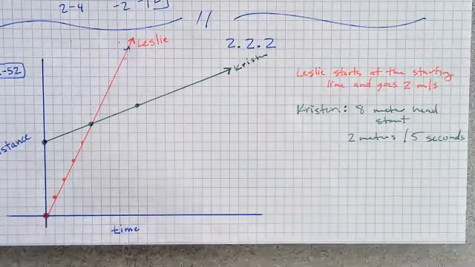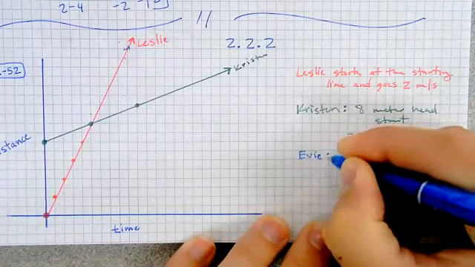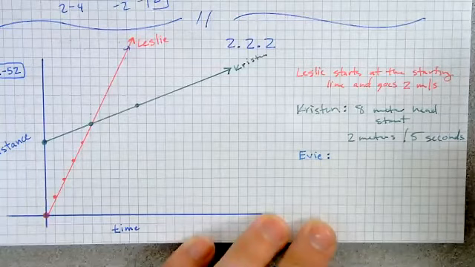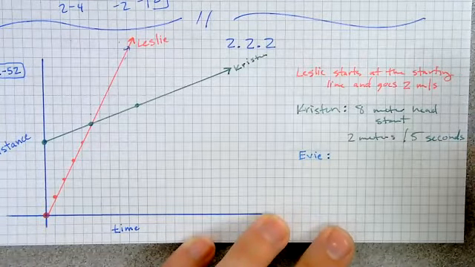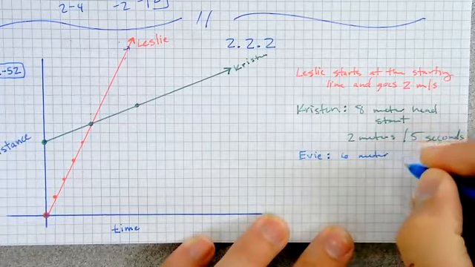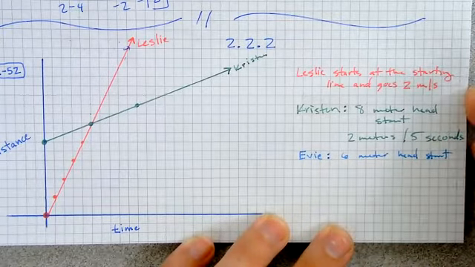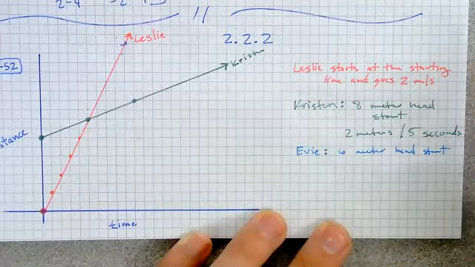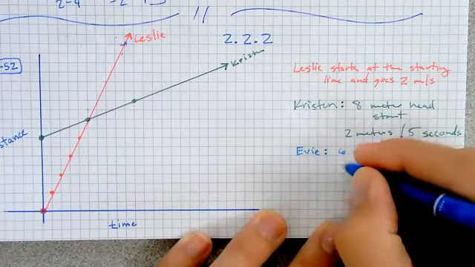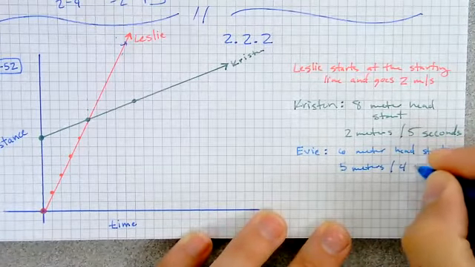And then Evie, the third person. Evie got a 6-meter head start and is going 5 meters every 4 seconds.